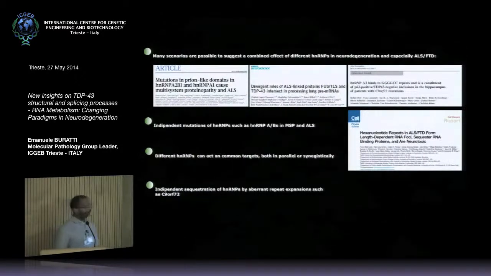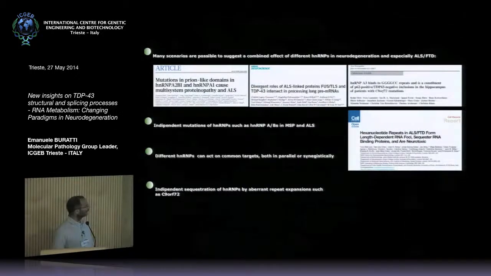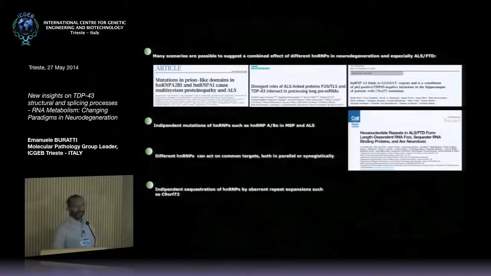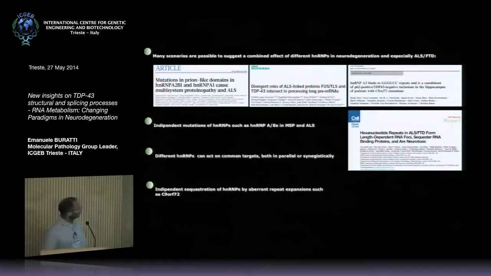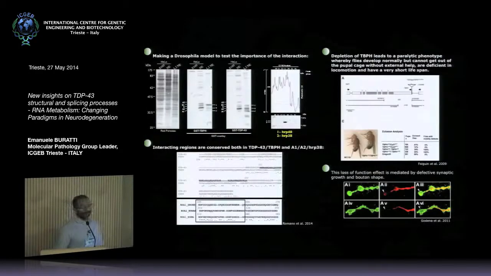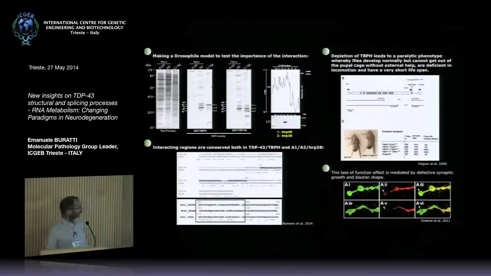You could also think that if you have in the cell other RNA repeat expansions like C9orf72, then these repeats could sequester hnRNPs that are bound to TDP-43 and therefore affect its functioning.